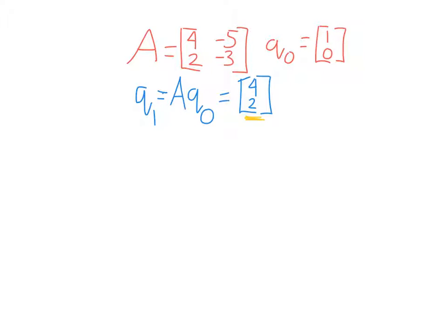In computational terms, we need to protect against overflow and underflow errors. So what we can do to stop these vectors getting really large is take out a factor of the largest entry in the vector. So 4 divided by 4 is 1, 2 divided by 4 is 0.5. This will stop the vector getting too large.